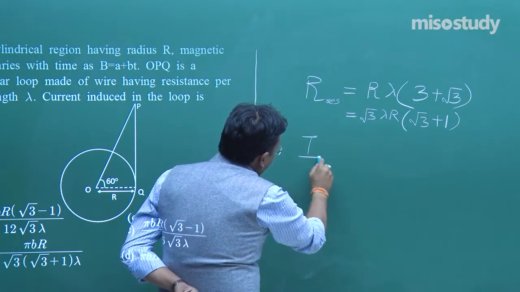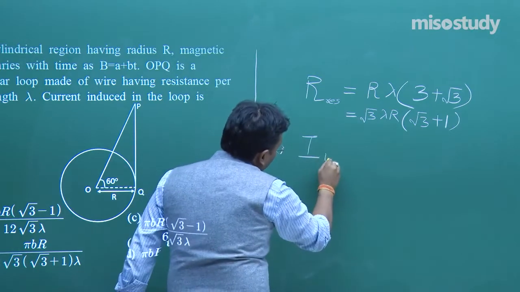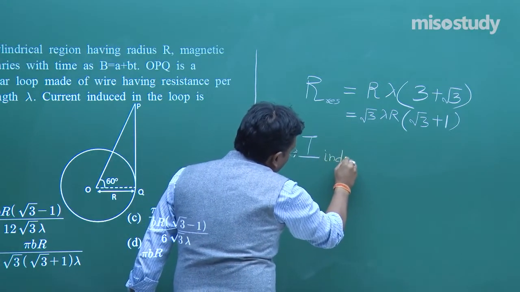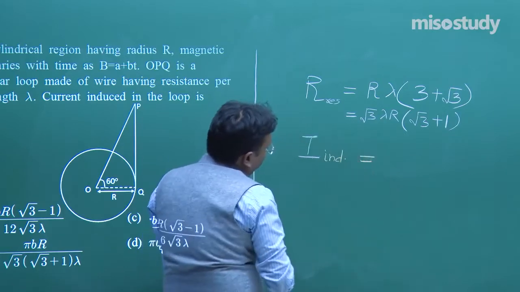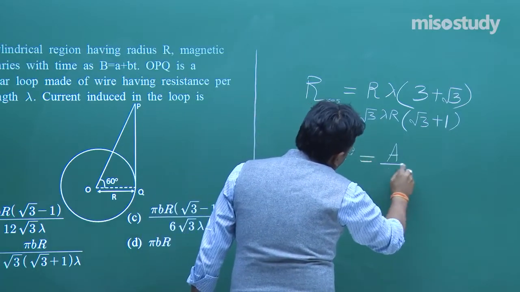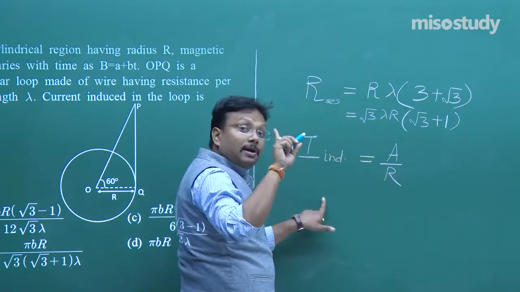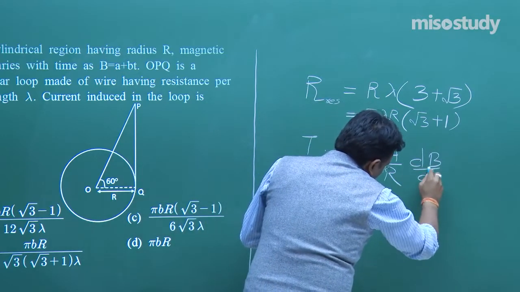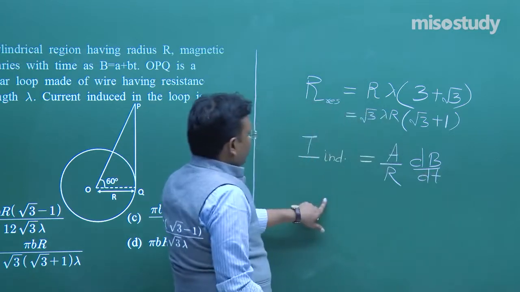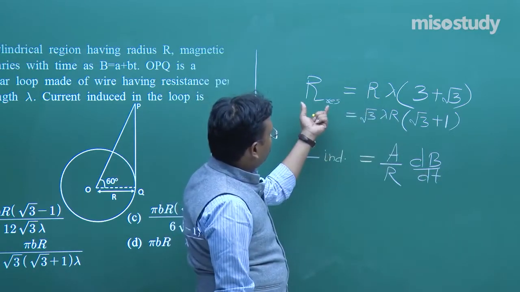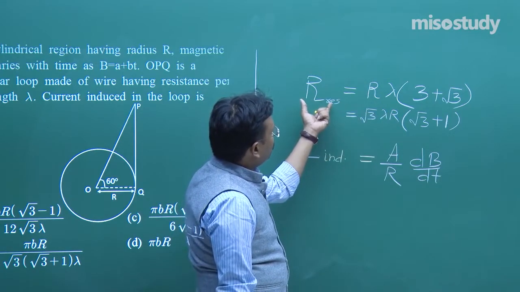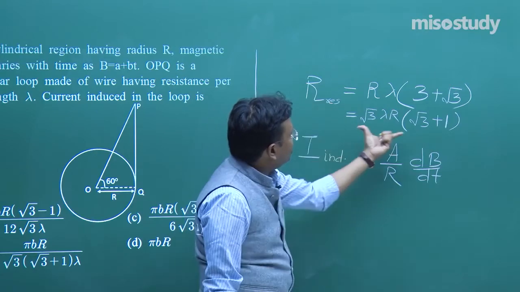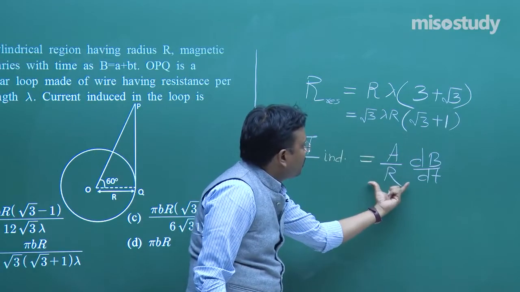Then I induced, fine, I induced is equal to A by R, the same result, dB by dt. Now over here what you have to do, you have to use this R resistance exactly over here.